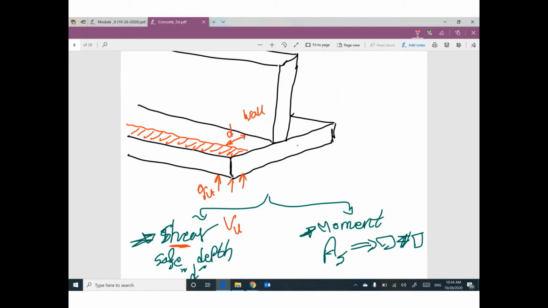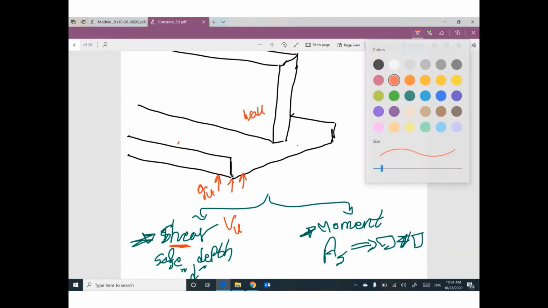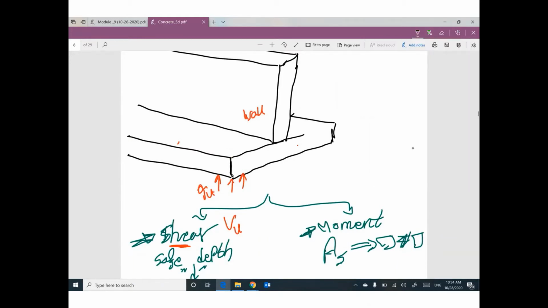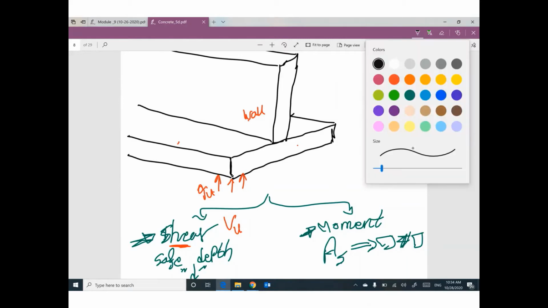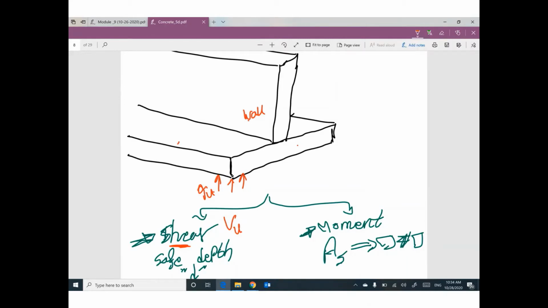That makes sense? But if you are talking about moment, it's a different story. Your critical section will be exactly at the face of the wall.